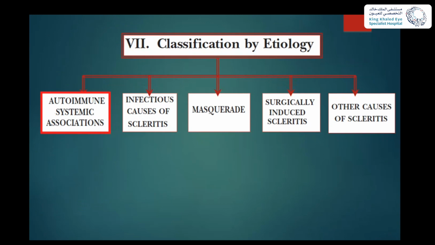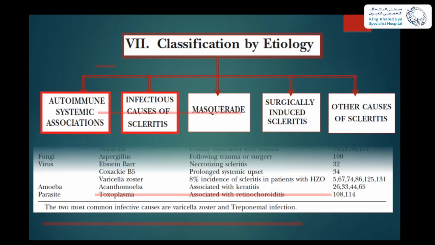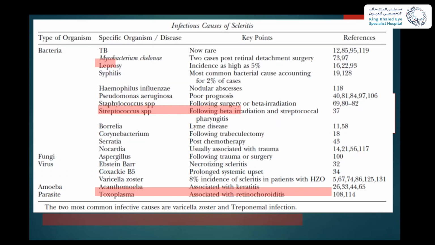The other etiological factor is infectious causes, which is important, especially in our setting as ophthalmic emergencies. You may have a patient who had surgery or trauma to the sclera and presents with infectious scleritis, or a case that classically doesn't respond to immune treatment.